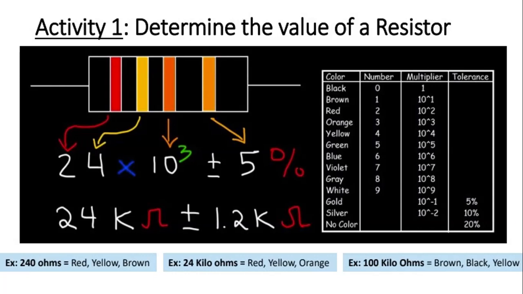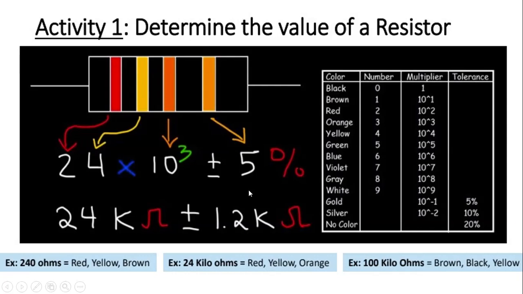As per the example here, we observed that the first color is red, then yellow, and then the multiplier 10 to the power 3 is orange. So red indicates the number 2, and yellow indicates the number 4. The third color is the multiplier, so 10 to the power 3 is orange, and the fourth one is the tolerance.